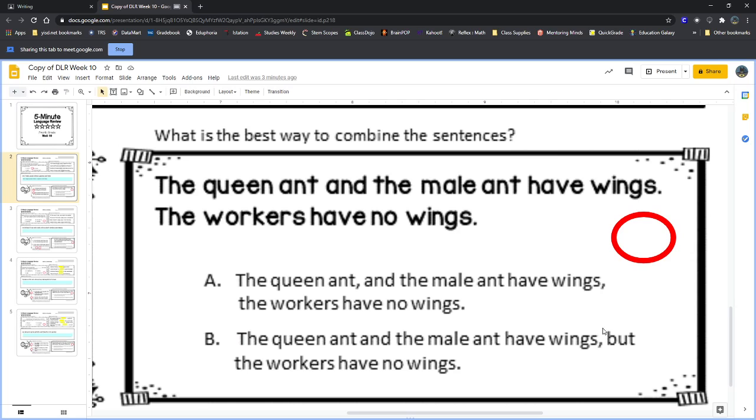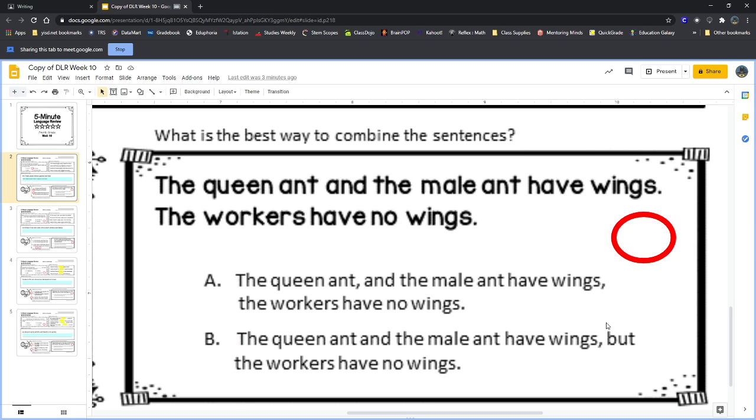What I need to do is, in answer choice B, instead of putting the comma here, they put it where the period was, and then they added a conjunction, a fanboy word. I believe that the queen ant and the male ant have wings. That's a complete sentence. I believe that the workers have no wings. That's also a complete sentence.